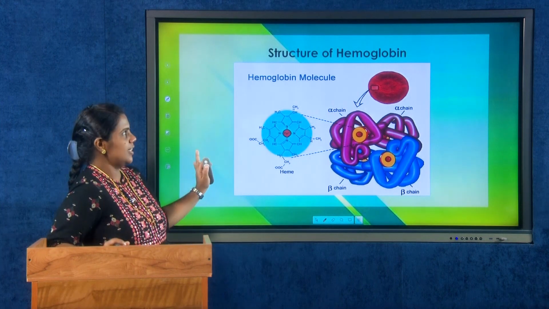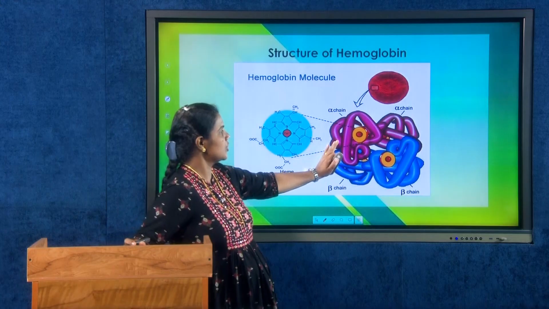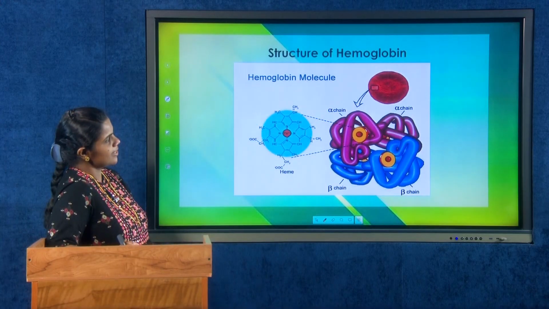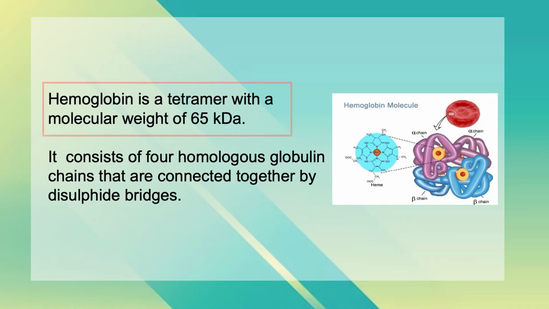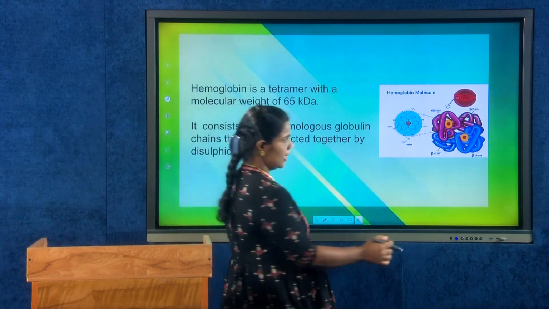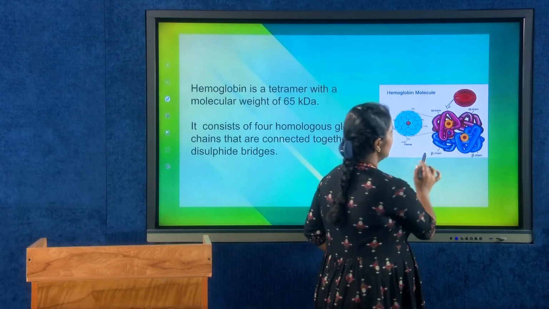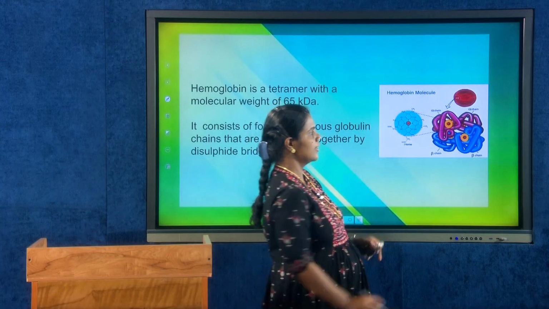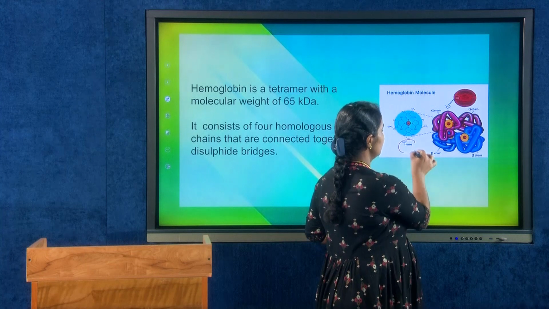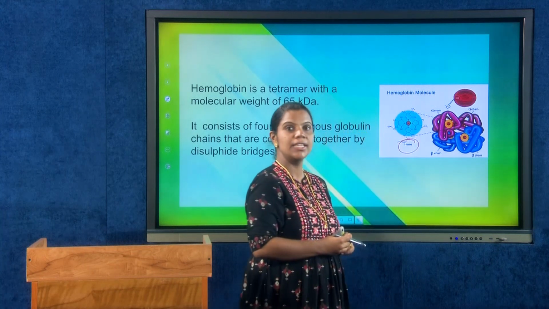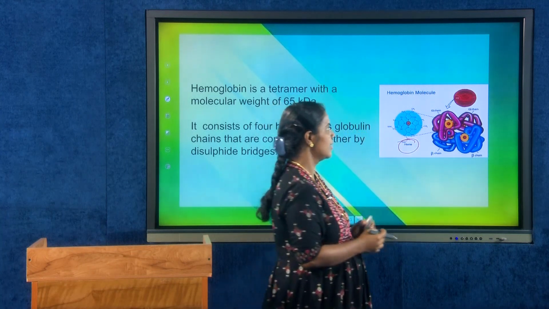Now we are moving on to the structure of hemoglobin. Here you can see the structure of hemoglobin at a glance. Hemoglobin is a tetramer weighing about 65 kilodaltons. Here you can see the hemoglobin protein, and there is a heme, which is a prosthetic group present in hemoglobin.